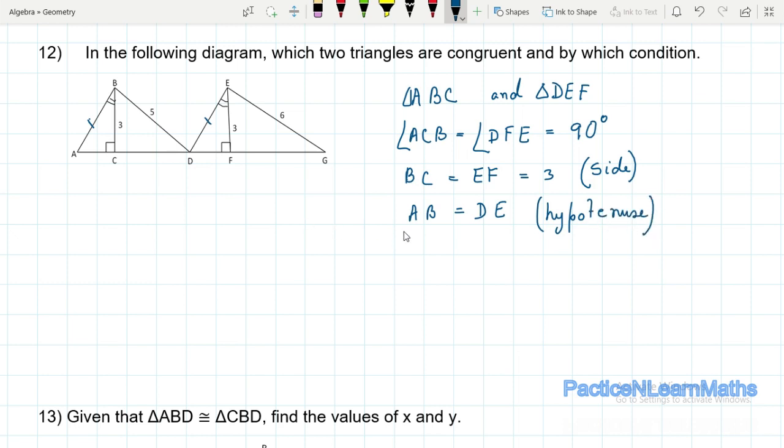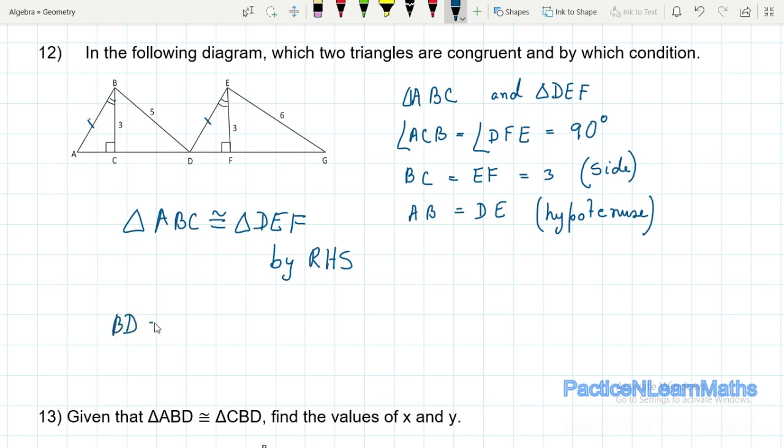So, we can say that triangle ABC is congruent to triangle DEF by RHS. And here you see in the big triangles, one is 5 and the other one is 6.